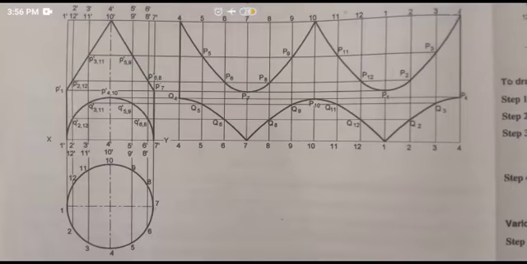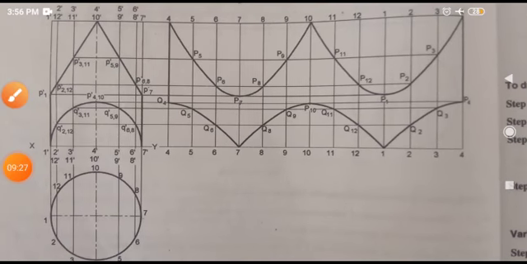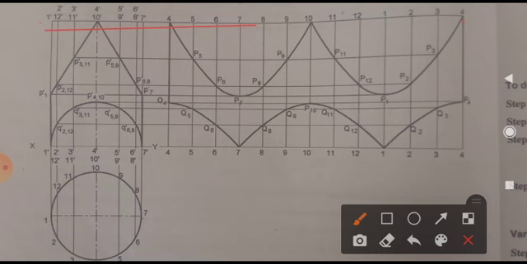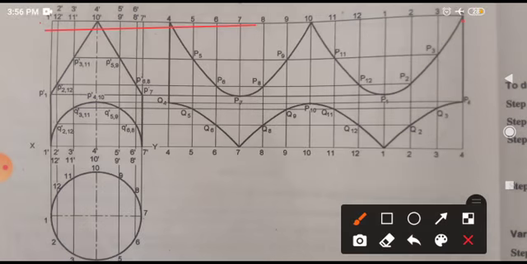Let me tell you, you have to take this projection from here. Keep some distance. This distance is random, there is no specific formula.